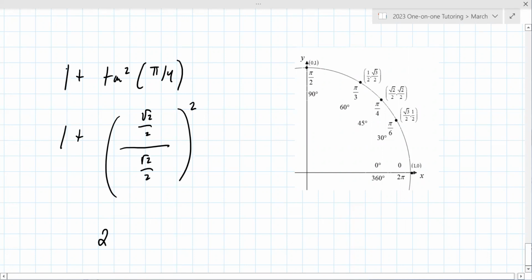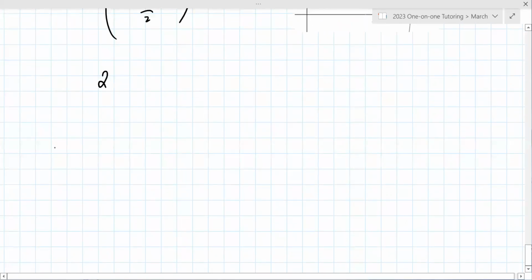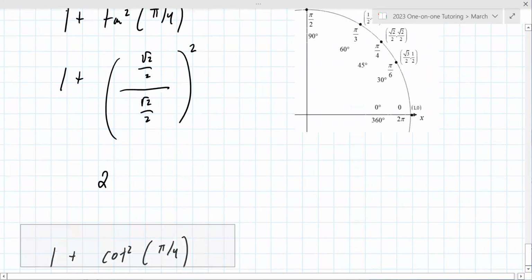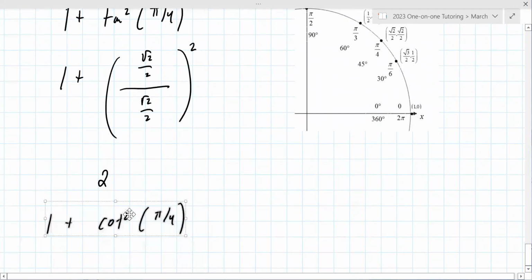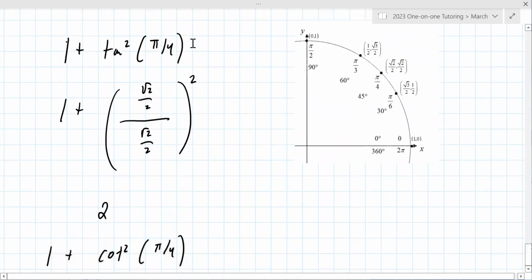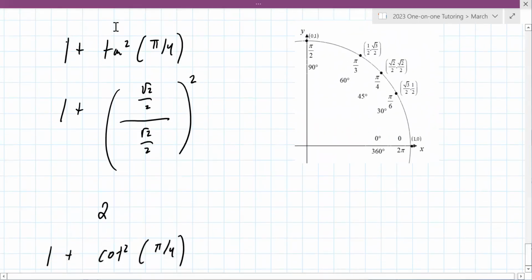But let's say I asked you to do 1 plus cotangent squared of pi over 4. Let's look back at what we did in the previous problem. How would this change the answer from the previous problem? What can you use from the previous problem here, if anything?